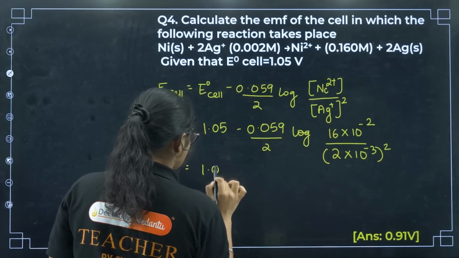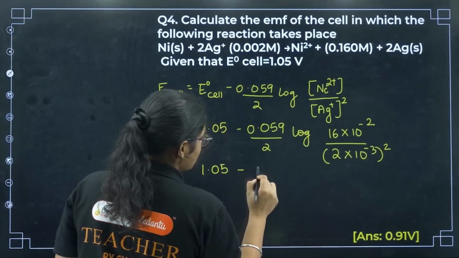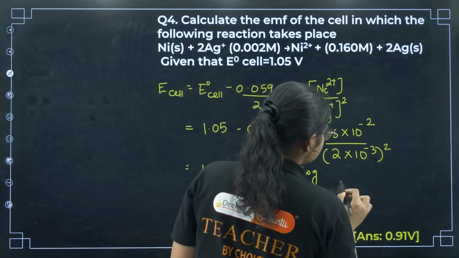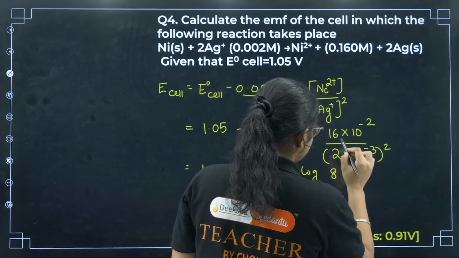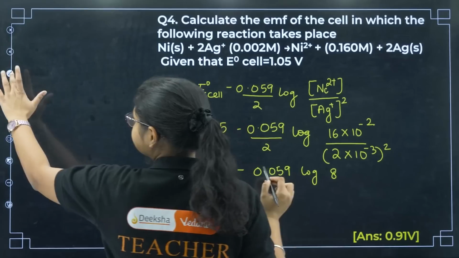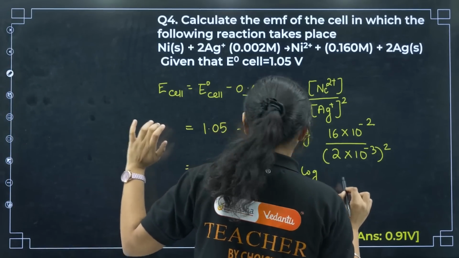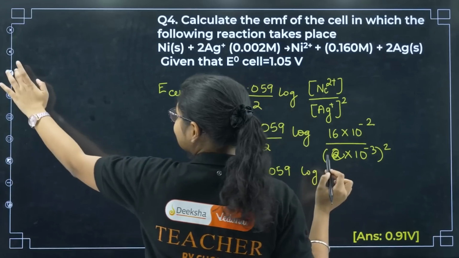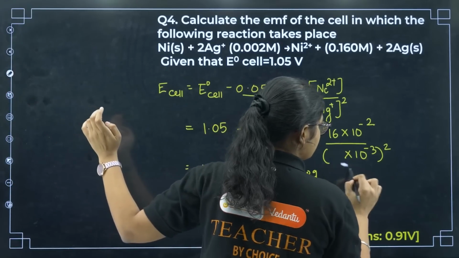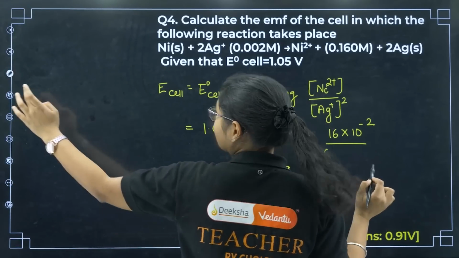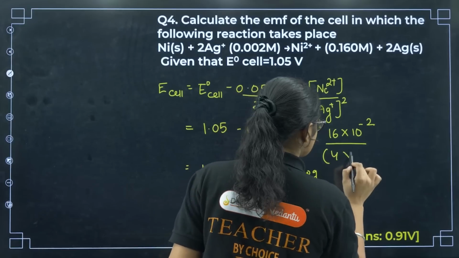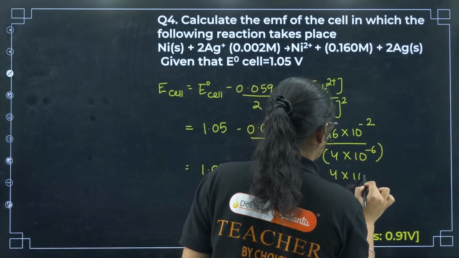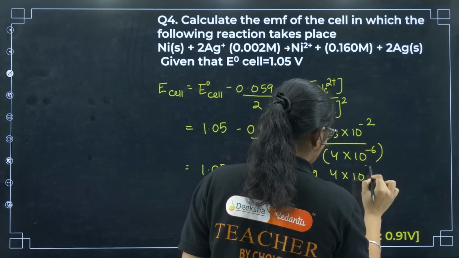If I solve this, we get 1.05 minus 0.059 log of, sorry, this is 4. So I will just square it and write 4 into 10 to the power of minus 6. So I will get here 4 into 10 to the power of 4.